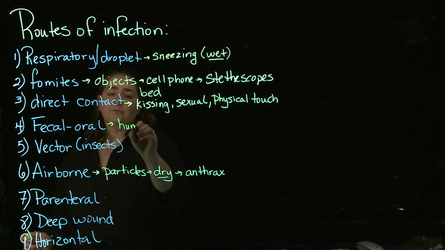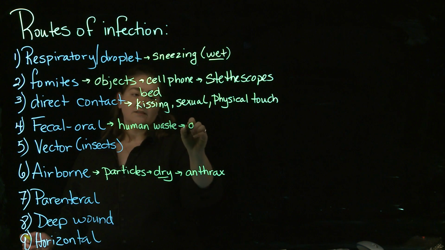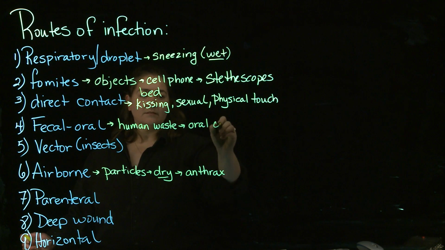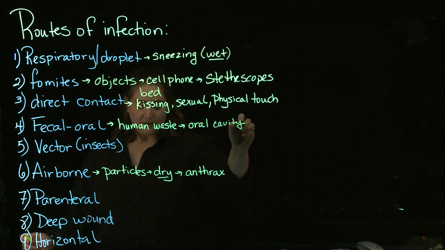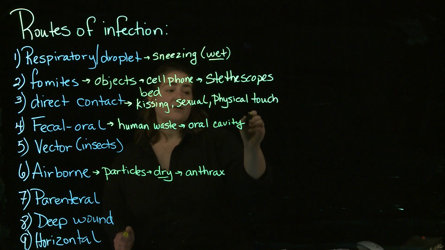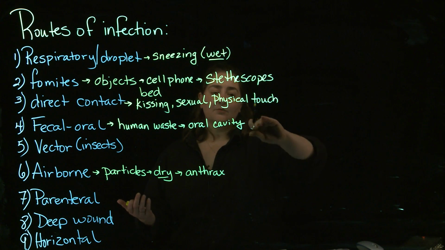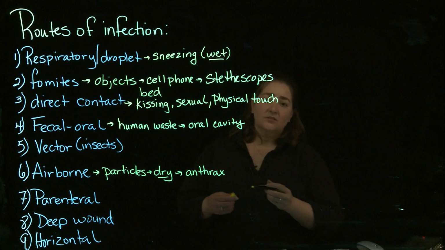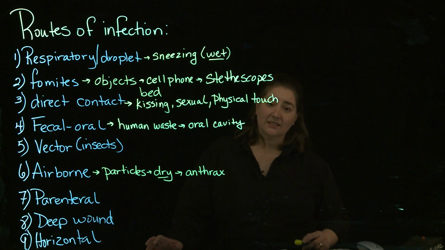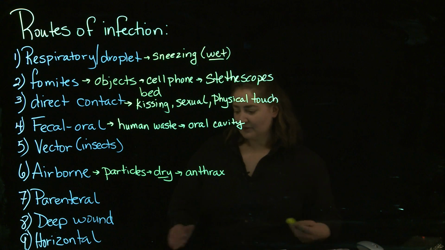It goes from human waste to the oral cavity. All right? And in terms of fecal-oral disease, these very often are diseases that are associated with things like diarrhea. So fecal-oral very often tends to affect the gastrointestinal system as a general principle, okay?